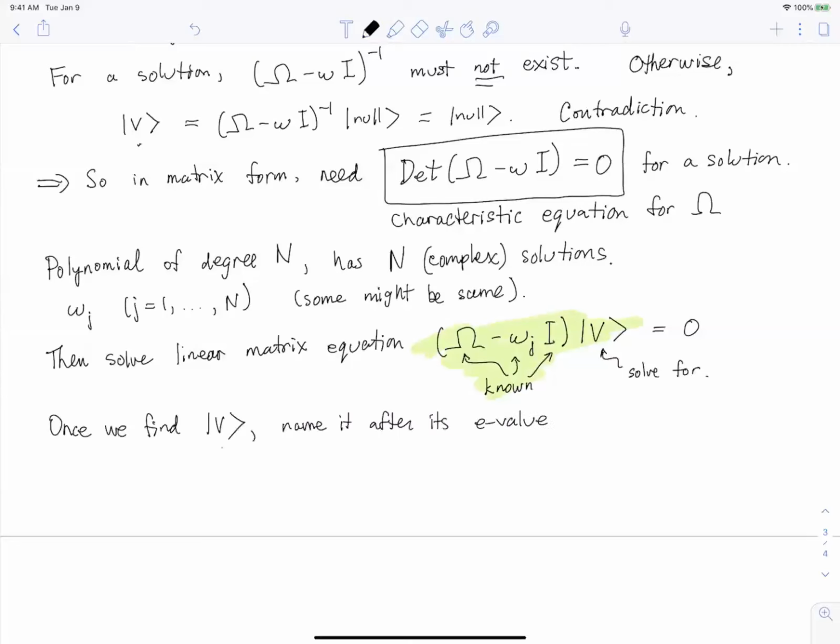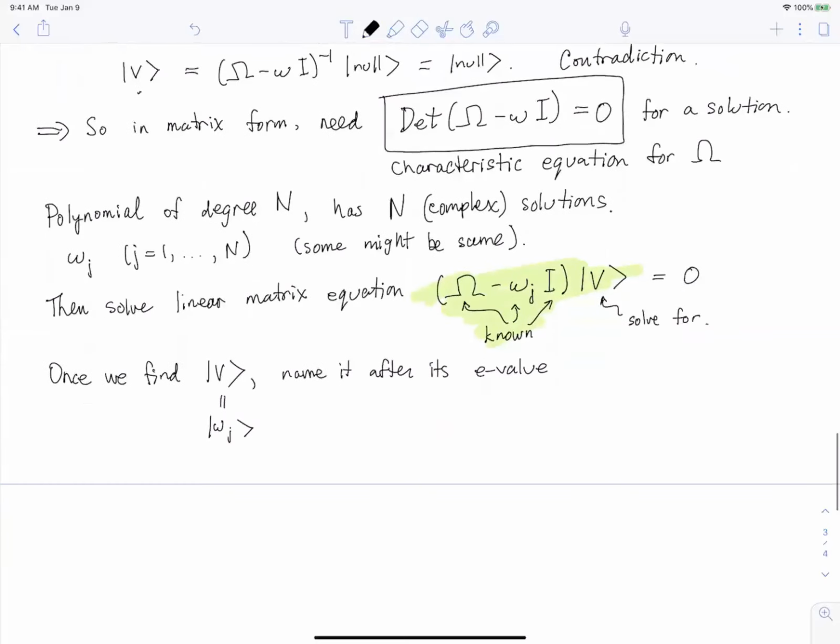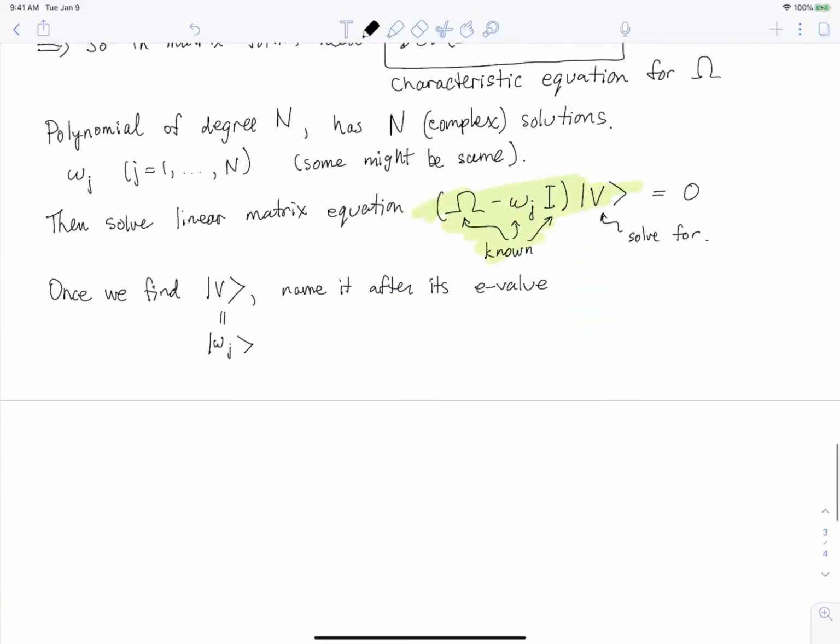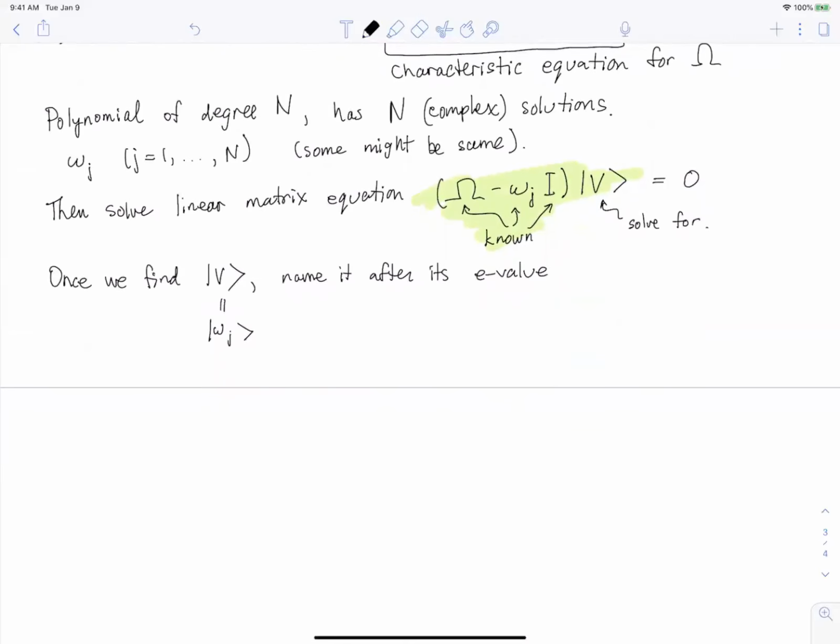And so instead of writing v, I can write omega sub j. Now, if there was more than one of the omega sub j's that was the same, then I might need another label to distinguish them, but we'll talk about that later.